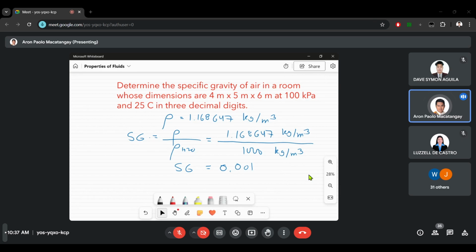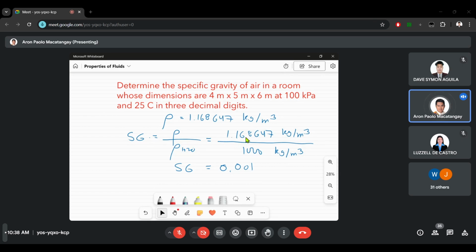Round down siya kasi 0.00116. Okay, any question? So SG is directly proportional siya with density.